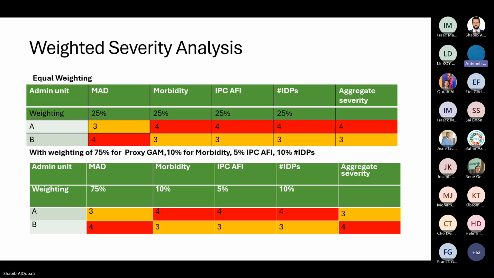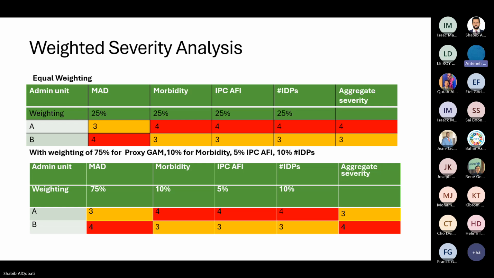So in the second table, we assign 75% contribution for, sorry, it says proxy GAM, please replace it with minimum acceptable diet, and 10% for morbidity, 5% for IPC FI, and 10% for IDPs. That changes the severity level to be closer to the nutrition-specific indicator.